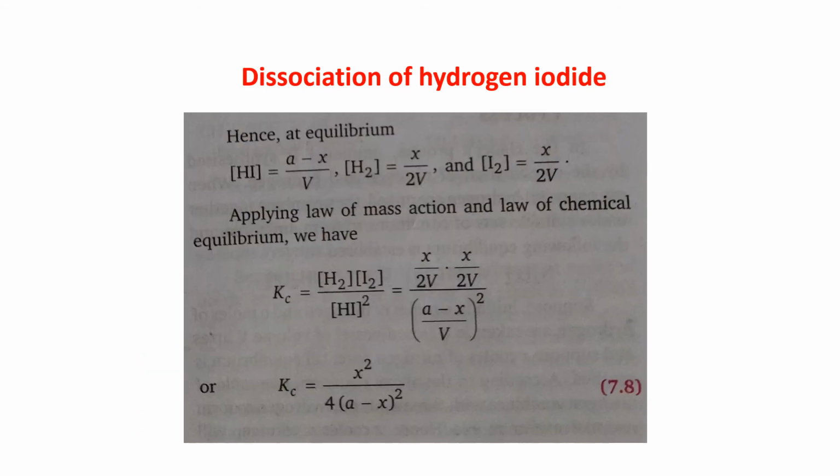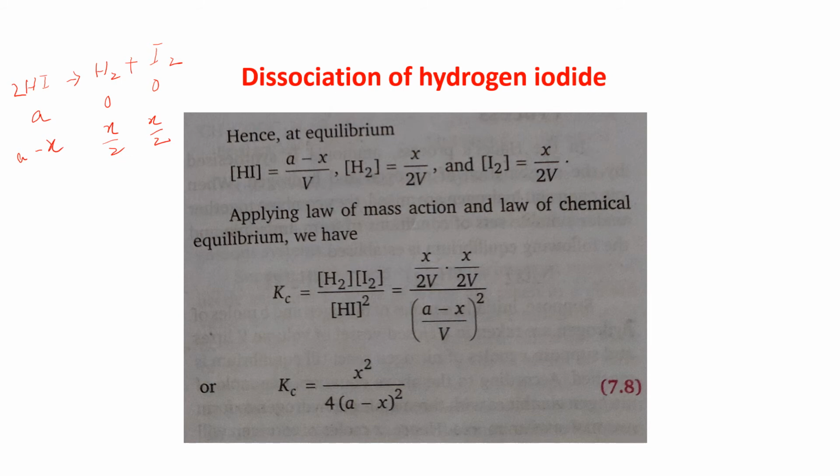So at equilibrium, what are we getting? 2HI is giving you H2 and I2. Initially A moles were taken, 0, 0. After dissociation, suppose X mole dissociated, so it will be A minus X and X by 2 and X by 2. I hope you have understood.